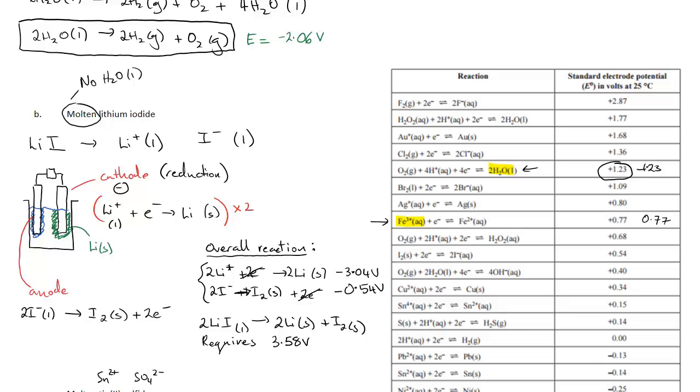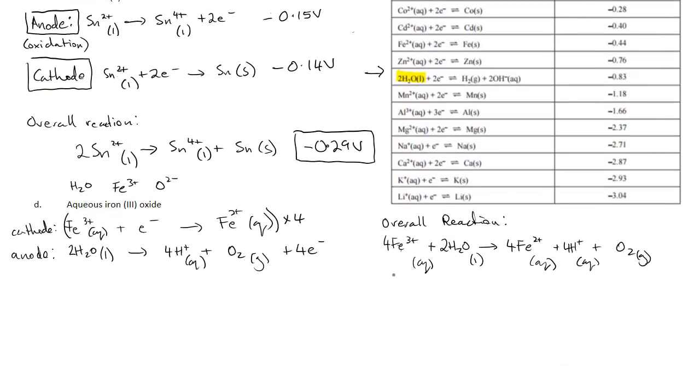I'm trying to do this in my head. So negative 1.23 plus 0.77, negative 0.46. So that was way off, but okay, let's just write it down somewhere there. So EMF is equal to negative 0.46 volts. So that's the potential difference that is required for this reaction to take place.